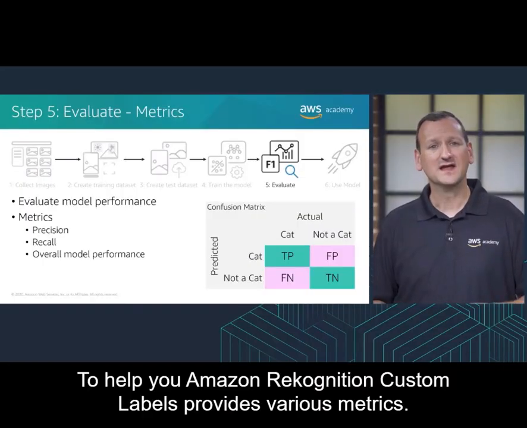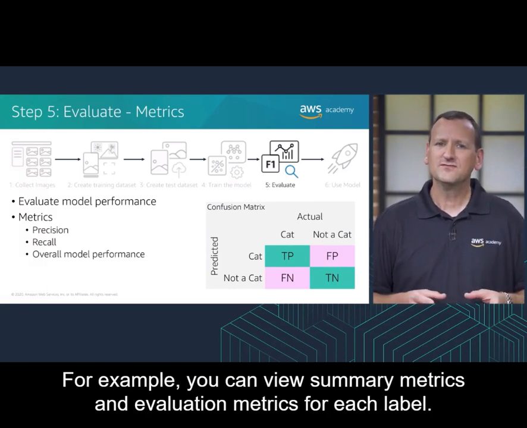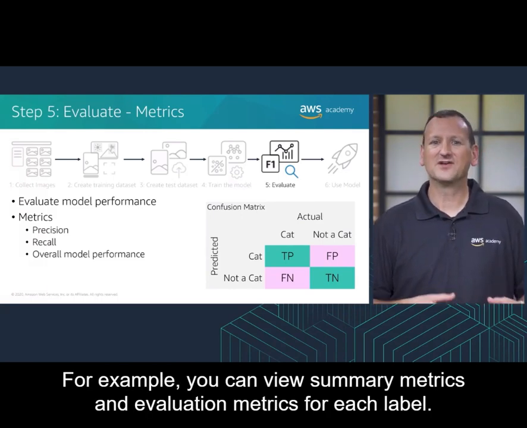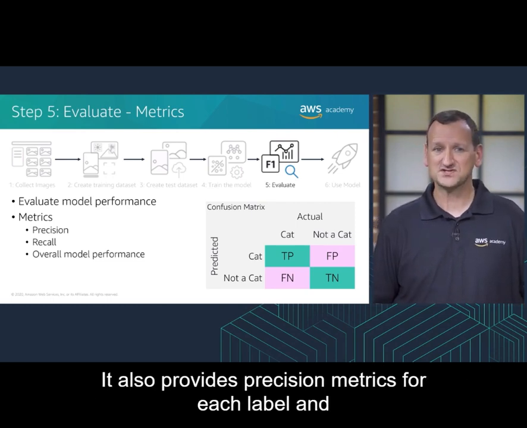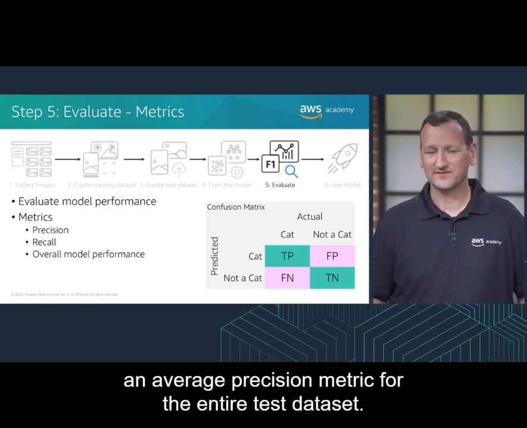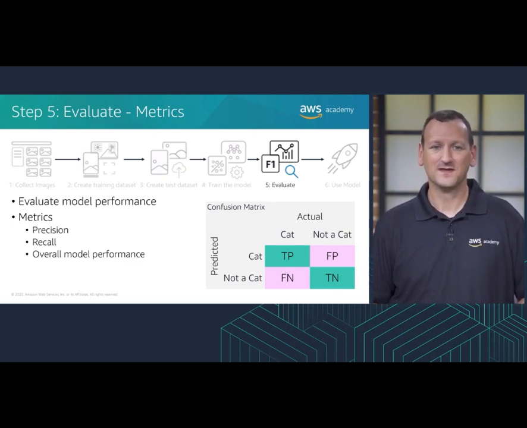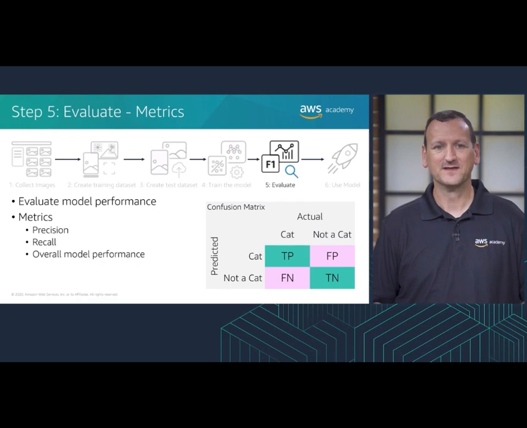To help you, Amazon Rekognition Custom Labels provides various metrics. For example, you can view summary metrics and evaluation metrics for each label. It also provides precision metrics for each label and an average precision metric for the entire test dataset. Precision is the proportion of positive results that were correctly classified.